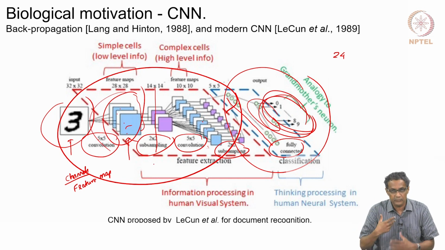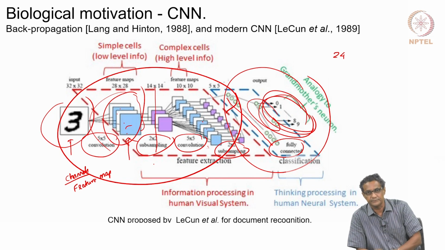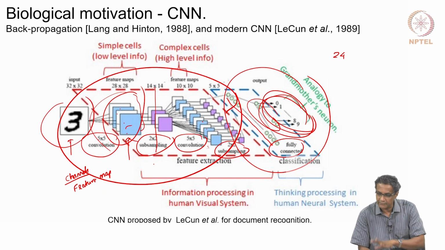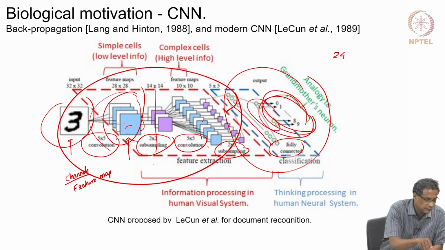The more feature maps you ask for, the bigger the filter size becomes, and therefore you increase your unknowns. But it may still be worth it because it's still local. So this locality and weight sharing is what is most important for a CNN, and then you can have a fully connected layer also.